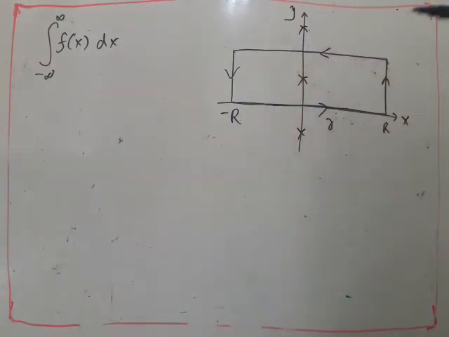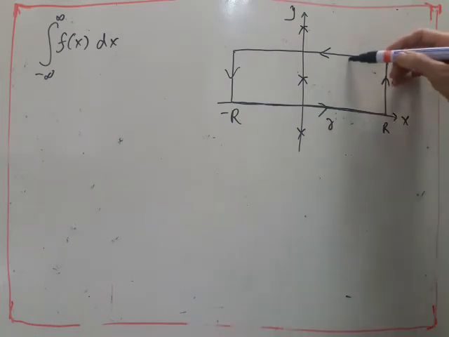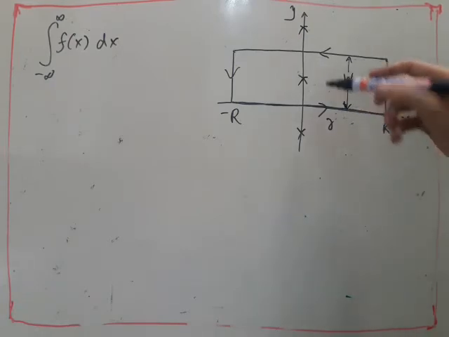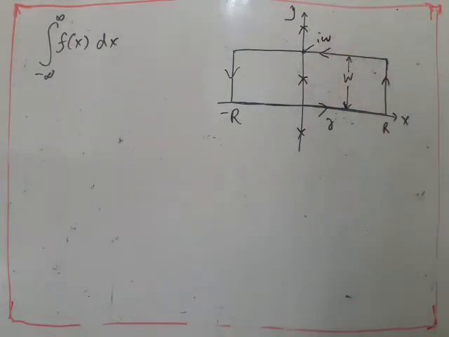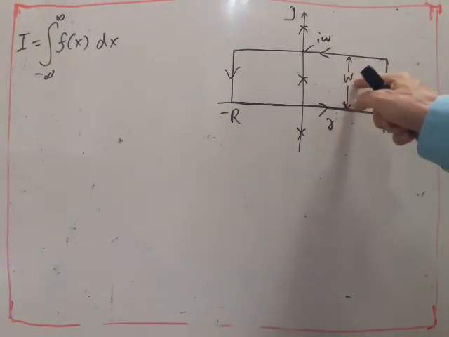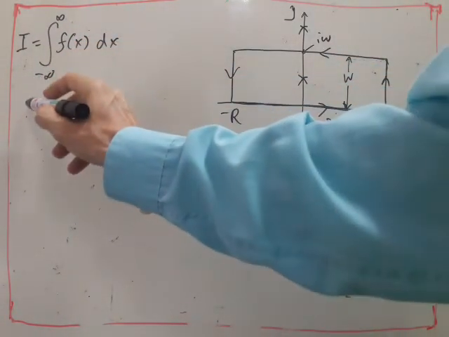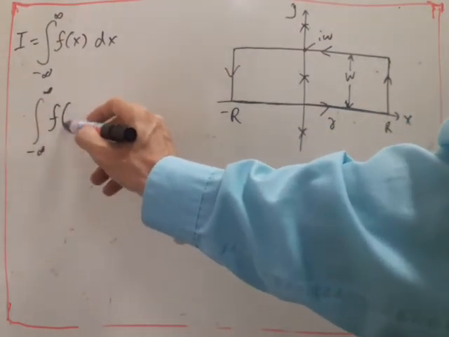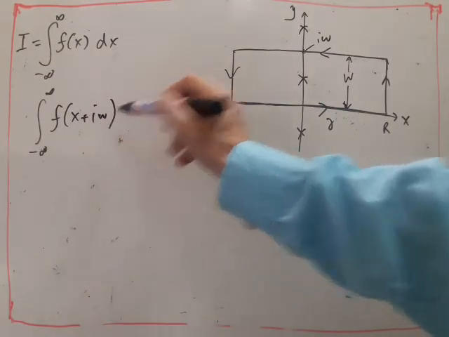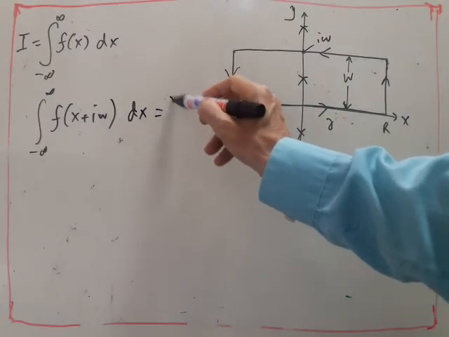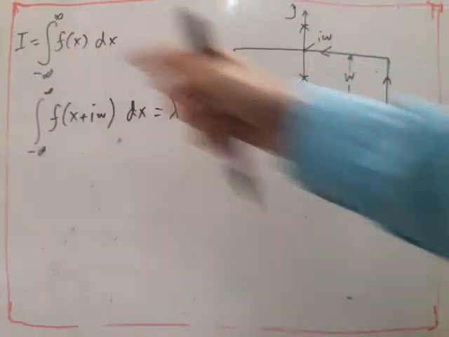So what you have to do, and this is how you choose the size of the rectangle: if we call this a rectangle of width w, so this point here is iw, then if this is the integral you want, you need to choose w in some way so that the integral from minus infinity to infinity of f of x plus iw, so when you're integrating along here, is itself some multiple, lambda, of the integral you want to find.